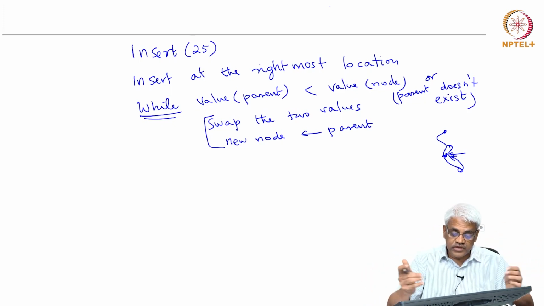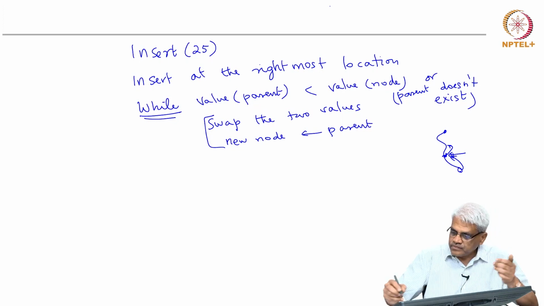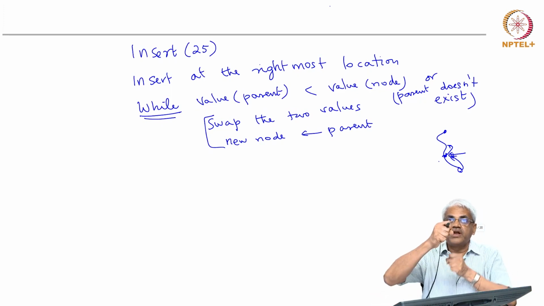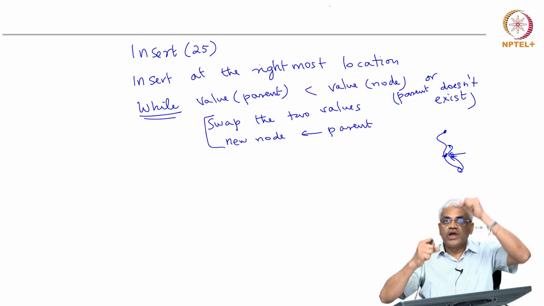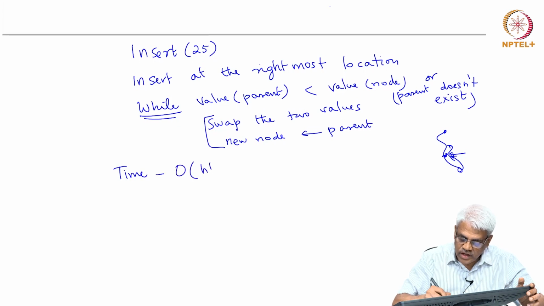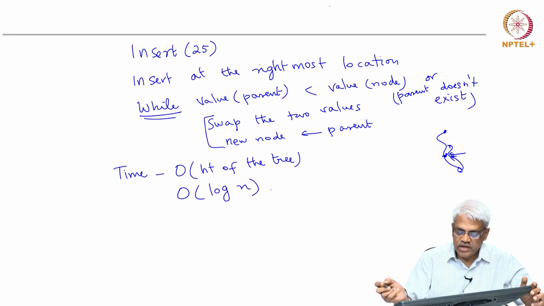And how much time have we spent? The number of comparisons and swaps you will do is proportional to essentially the height of the tree, because you start from a node, then parent, parent, parent, you're just going up, and so time would be order height of the tree, and since we already know that it's a complete binary tree, it's order log n.